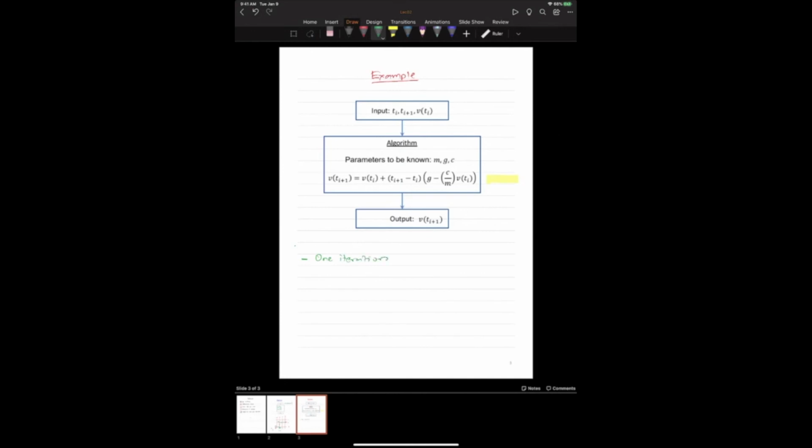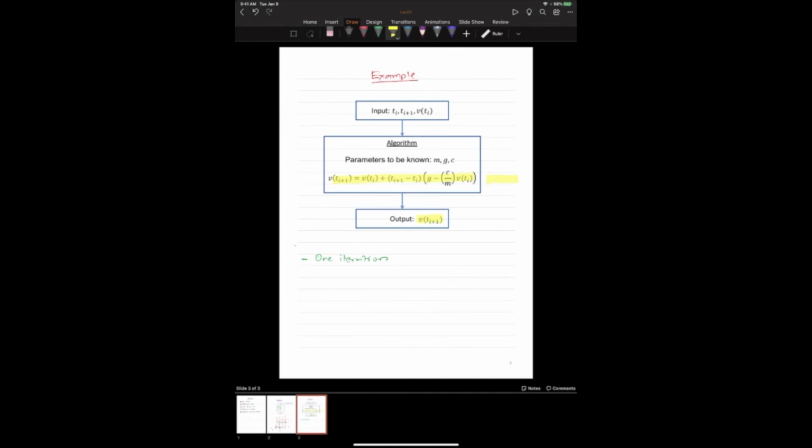If you are given the present time t_i, and t_{i+1}, the time at which you want the velocity, and V(t_i), the velocity at present time t_i, then you can use this formula. It's just one application of the formula, and then you have your output. That's a very simple, one-line algorithm. If you have these three inputs, you can compute the output.